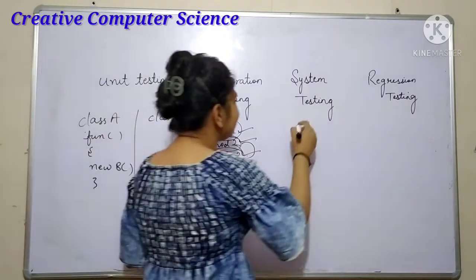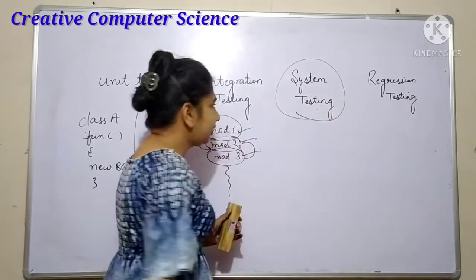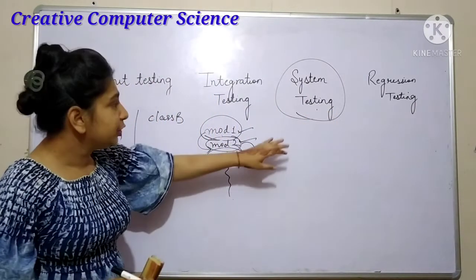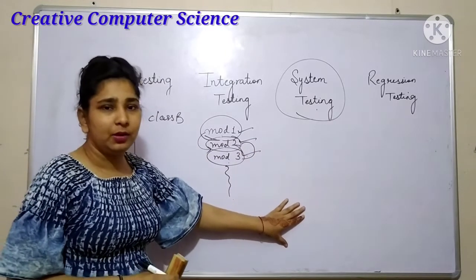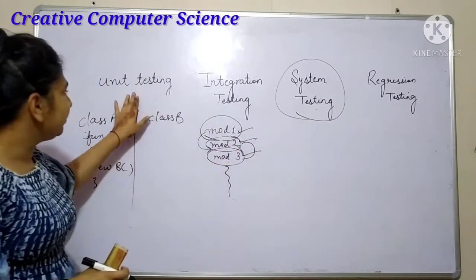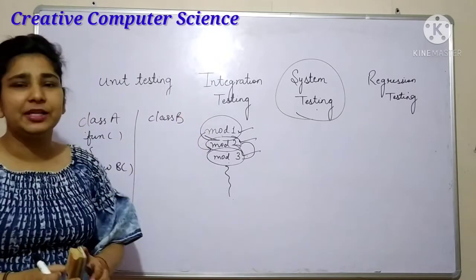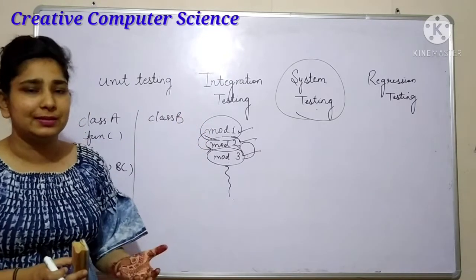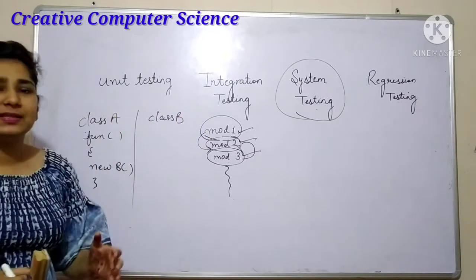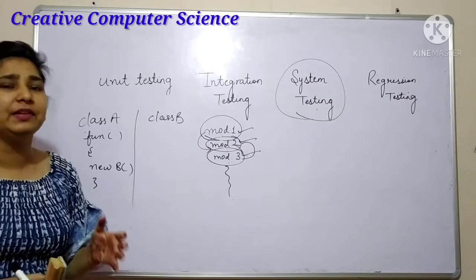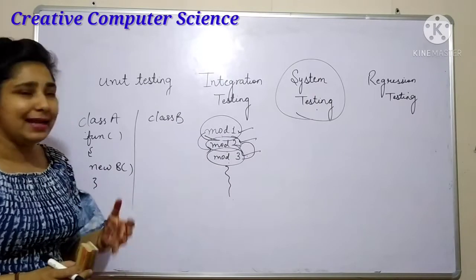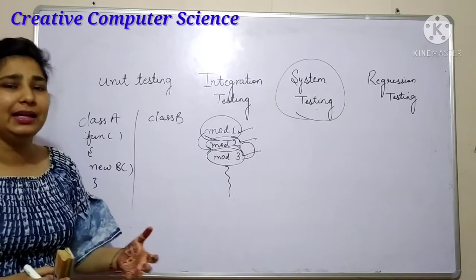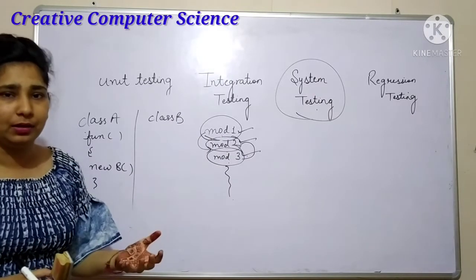What happens in system testing? In system testing, you will be testing your complete product. In unit testing and integration testing, you were testing the modules. In unit testing, you were testing each module individually, but in integration testing, you were testing modules combined with another module.